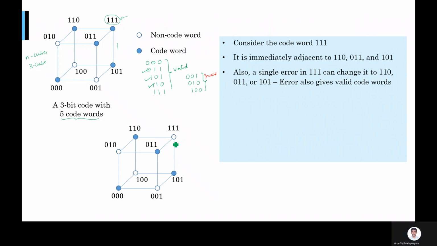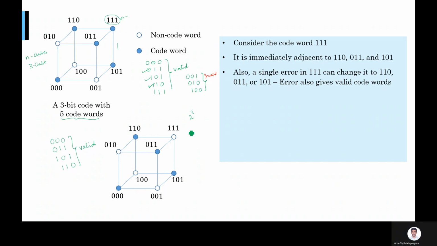Here I have said that this 111 is also invalid. So my new code has only 4 code words: 000, 011, 101, 110. Only 4 are valid code words. The rest of the 4 are invalid code words.